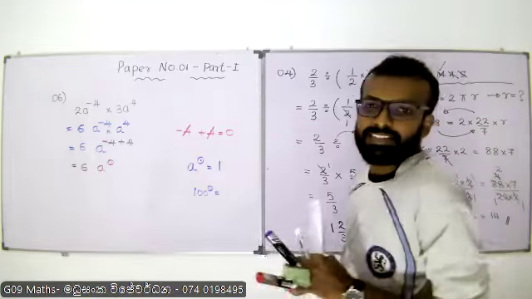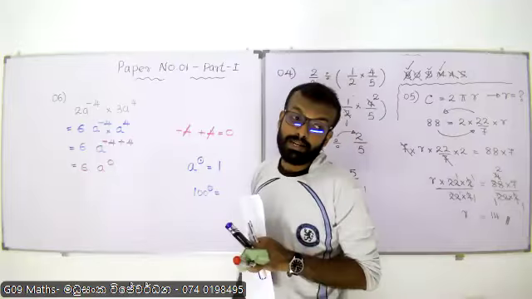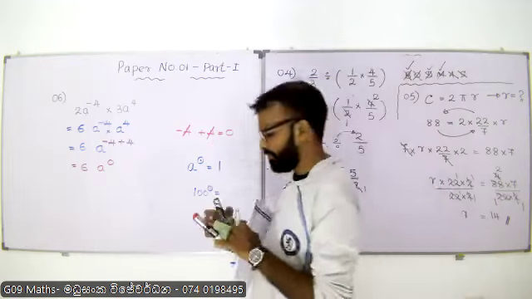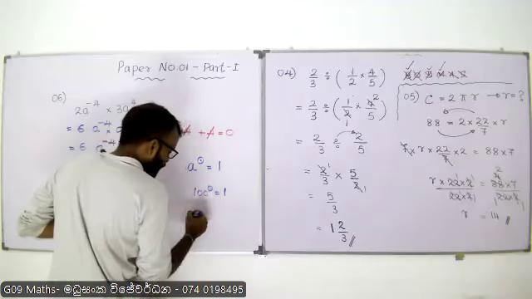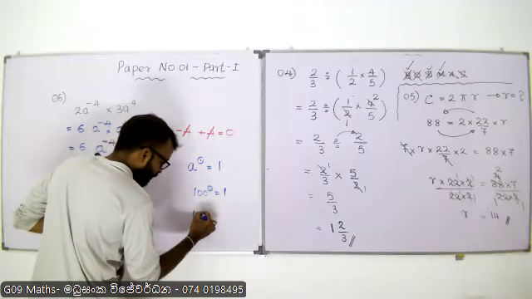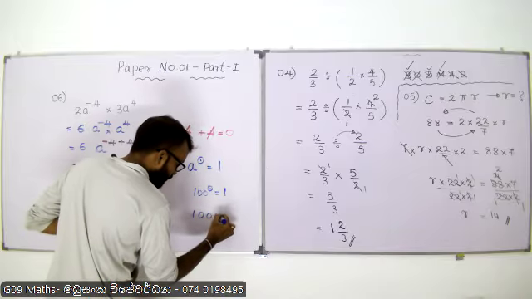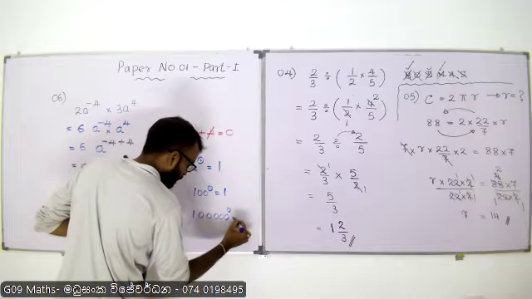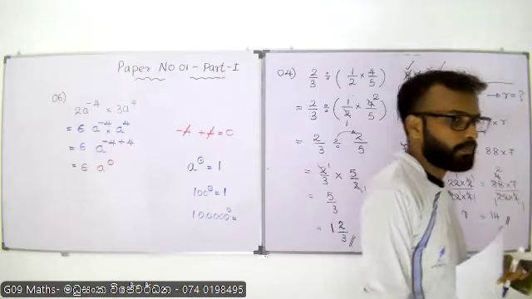Nobody is answering, which shows that you are unsure. 100 to the power 0 is 1. Don't think too much. What is the value of 100,000 to the power 0?